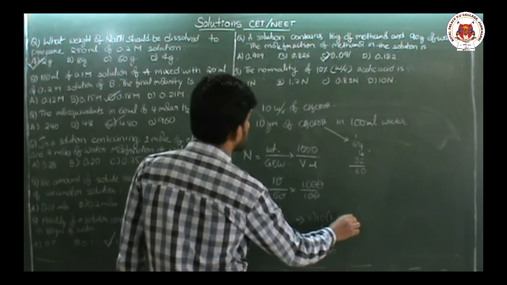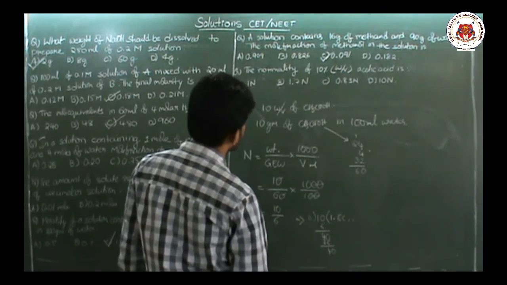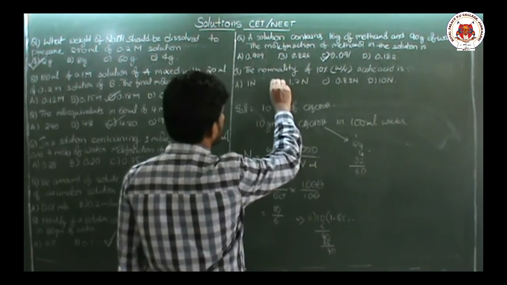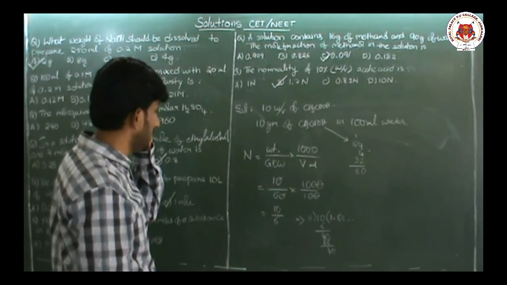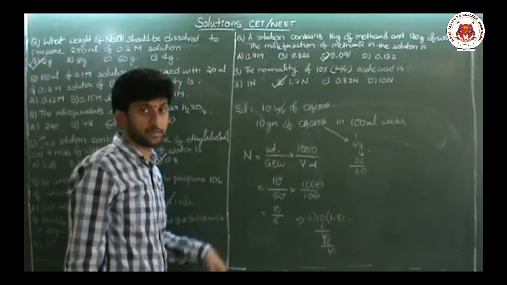So approximately 1.666 and so on. So it will be like 1.7 is the answer. 1.7 normality is the answer for this question.